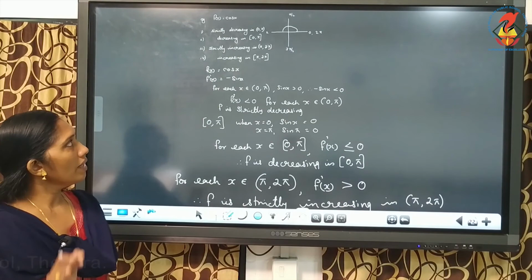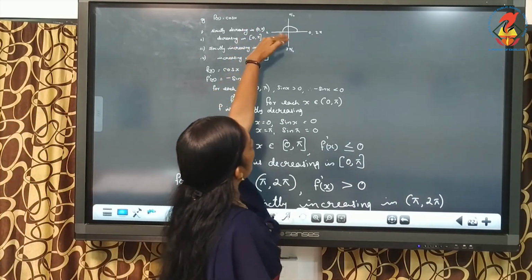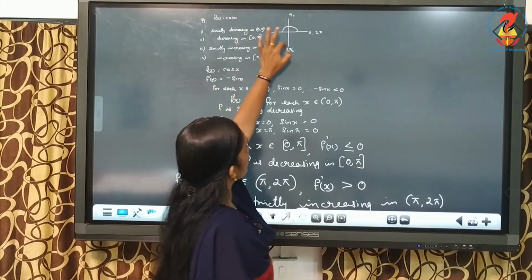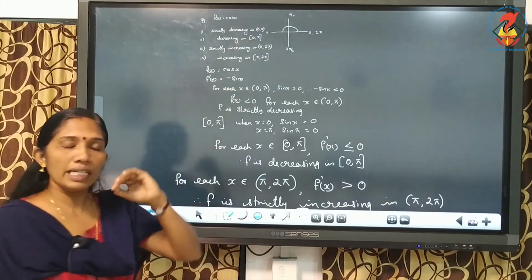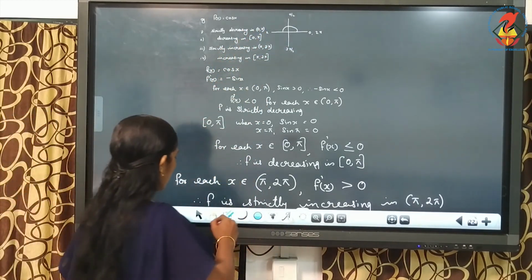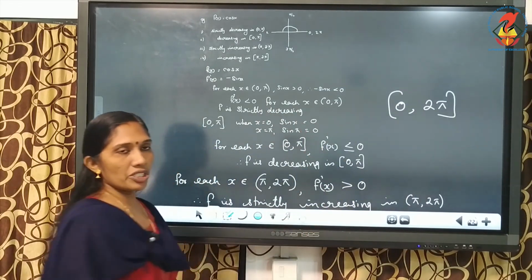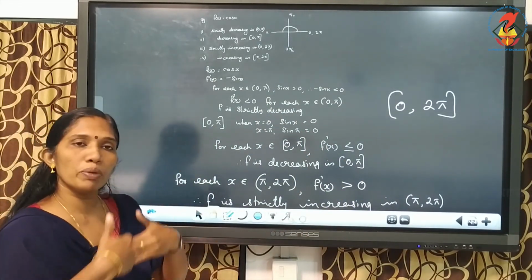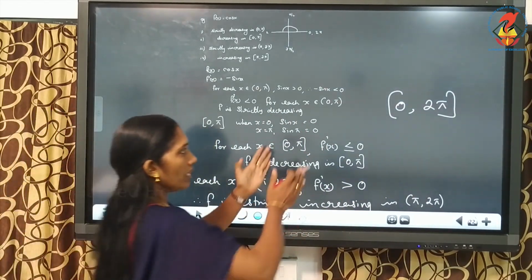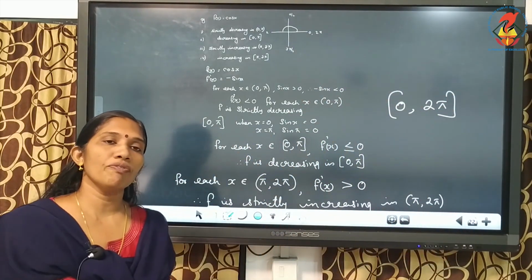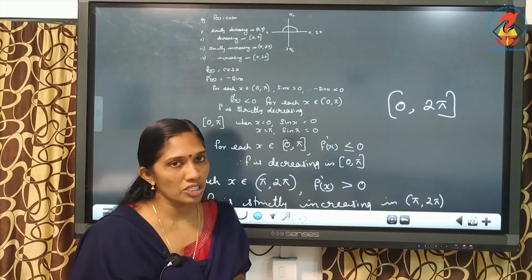Then one more thing, children, in the upper portion the function is decreasing and in the lower portion the function is increasing. So, when we consider the whole interval 0 to 2 pi, from 0 to pi the function is decreasing, from pi to 2 pi the function is increasing. Half the portion is increasing, half the portion is decreasing.